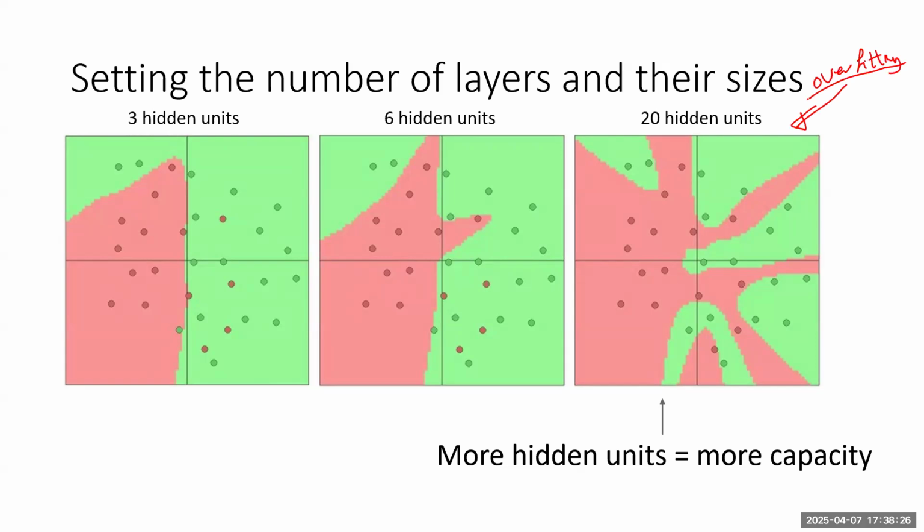So if you are working with 3 hidden nodes for this simple classification problem, as you can see, almost all the red samples are included, but we have errors here, here, here, here, here. If you increase the number of hidden nodes to 6, as you can see, this one is kicked outside, those ones are included inside. So the number of errors is reduced.